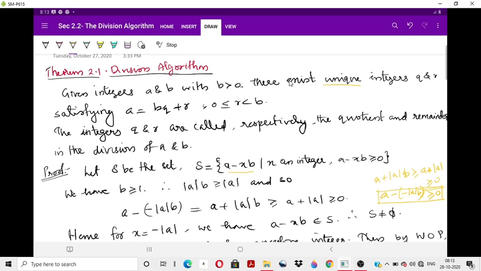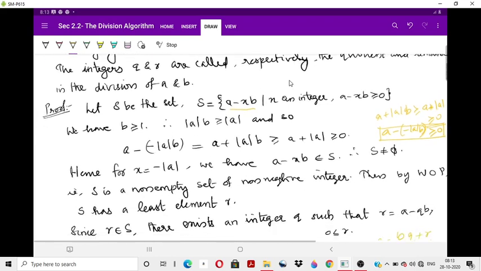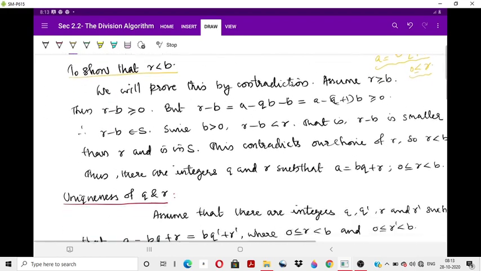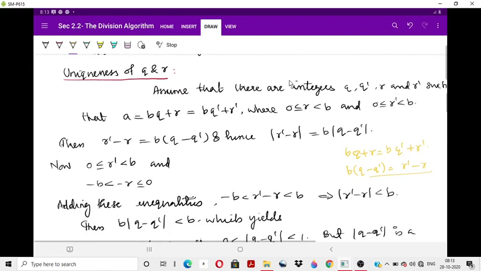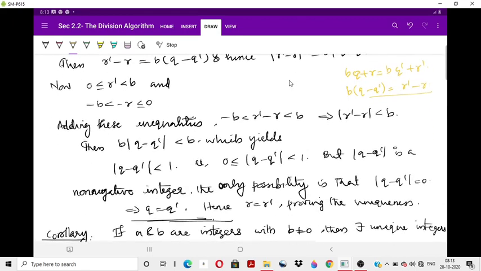So the corollary says for any b, this restriction is removed, and it is proved that the theorem is also true for b less than 0, or when b is negative also.